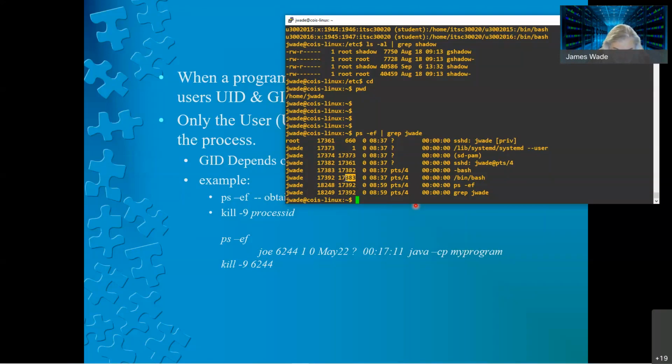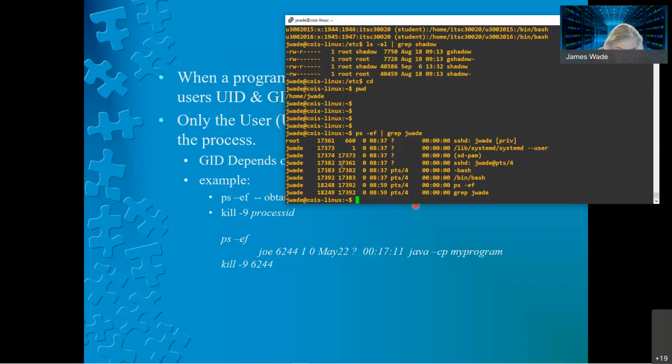Likewise, it has a parent process ID, 17383. If I go look at 17383, you'll notice it is also bash. It has a parent process ID, 17382, which is, of course, SSH when I secure shell in. So here's what happens. I SSH into the system, and it executes bash and brings up the bash shell, which is a process.